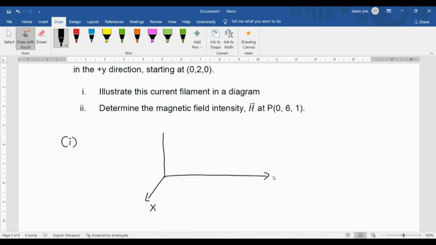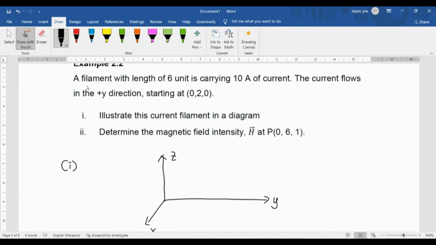So if this is your X, this is your Y, and this is your Z, the current filament flows in the Y direction starting at 0, 2.